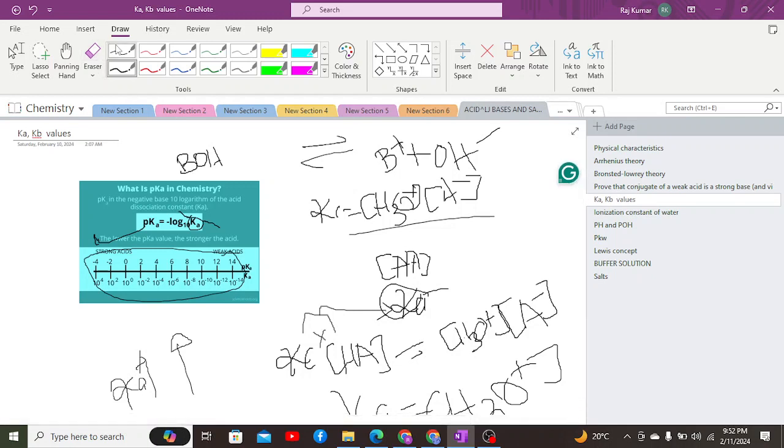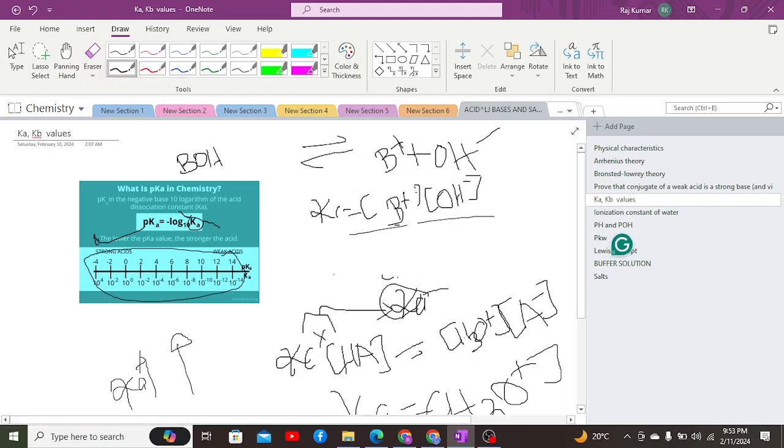Now the same equation would be there, the difference only comes in the values, such that Kc is equal to the concentration of B plus, times OH minus, divided by BOH. Since BOH is being divided, it will go and multiply, due to which it forms a product which is known as Kb.